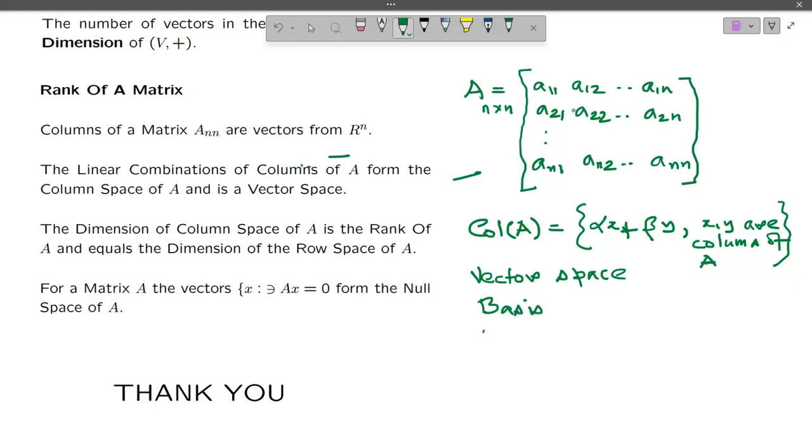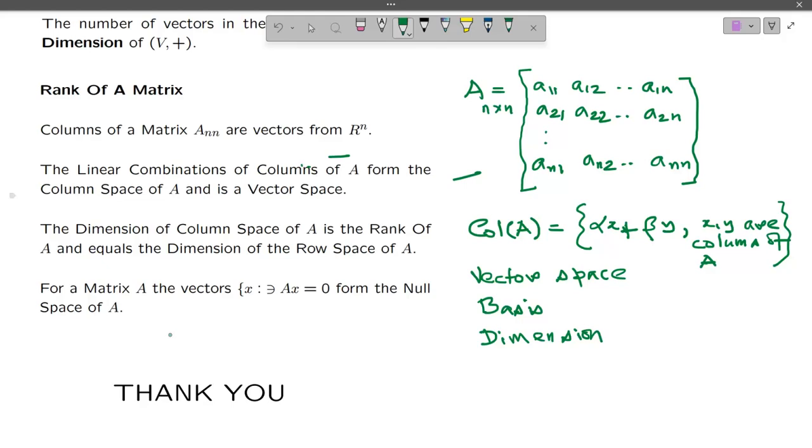So it has a dimension. Dimension is the number of vectors in the basis.